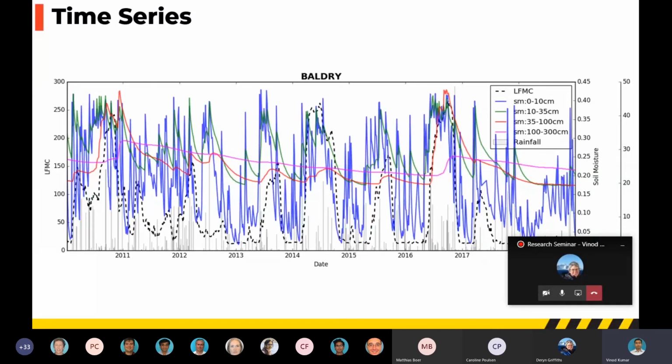300 centimeters. So what you can see is the top two soil layers show very large temporal variations, which is understandable because these two layers are more subjected to the weather patterns, whereas the bottom layers have a much smoother temporal variation.